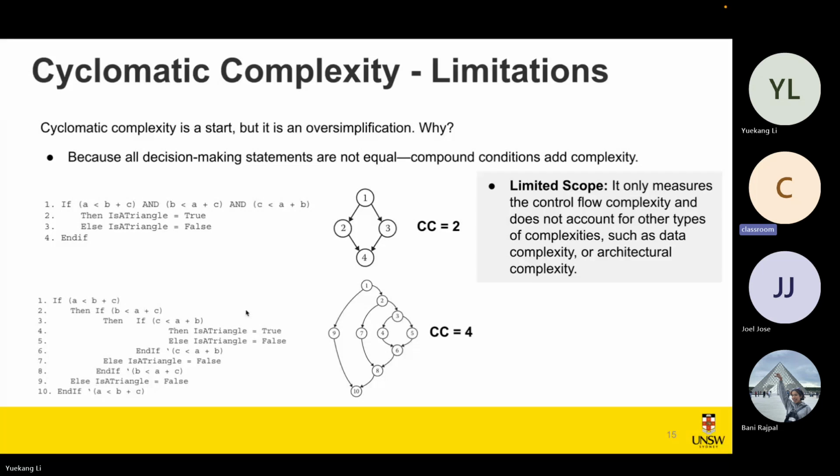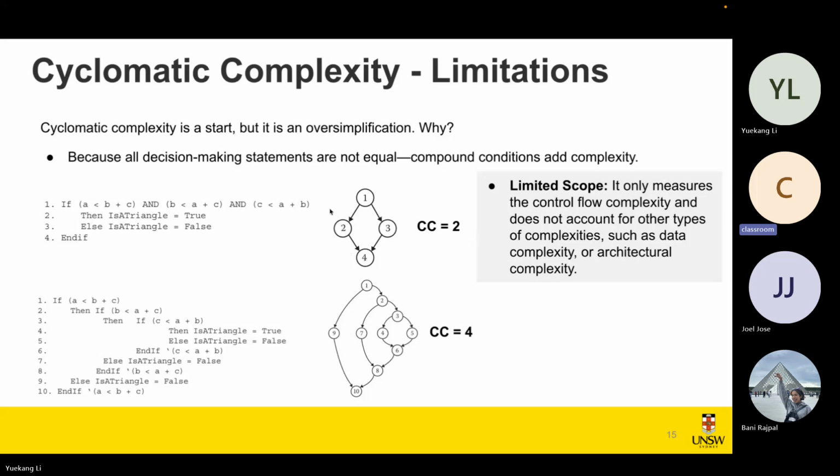So we can see that one limitation of cyclomatic complexity is that it only calculates the complexity of the control flow graph, but it doesn't count the data flow. We can use compound conditions to make the control flow graph look simpler, right?